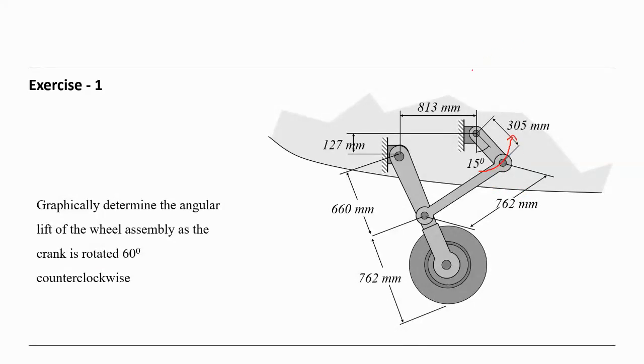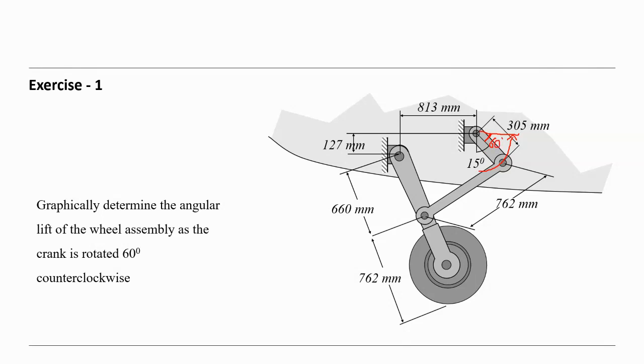And the motion must be, this is the 15 degrees, and then the position is 15 degrees. So we have to add 60, then it makes 75. So like this, we'll come to this position. This is the new position. Let's say this is the 60 degrees here. 60 degrees.